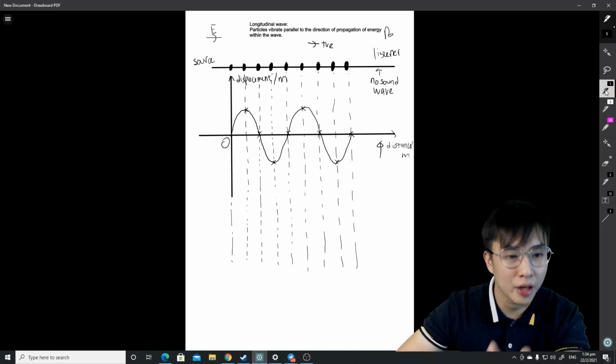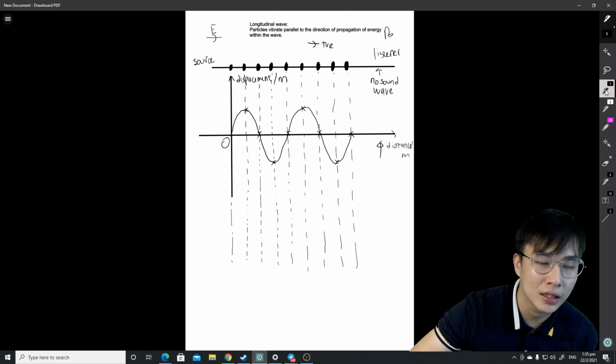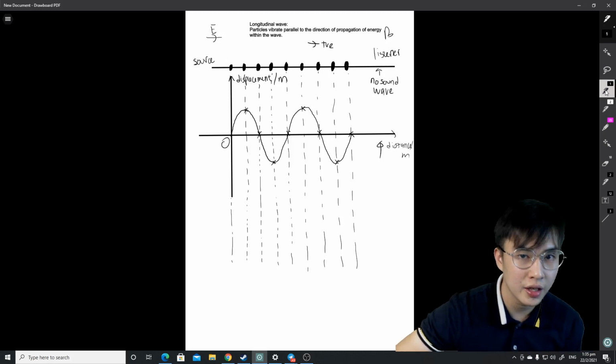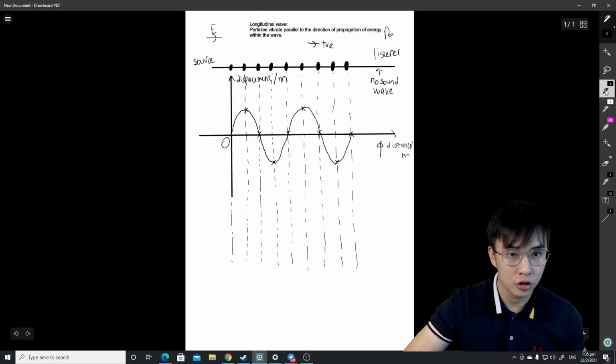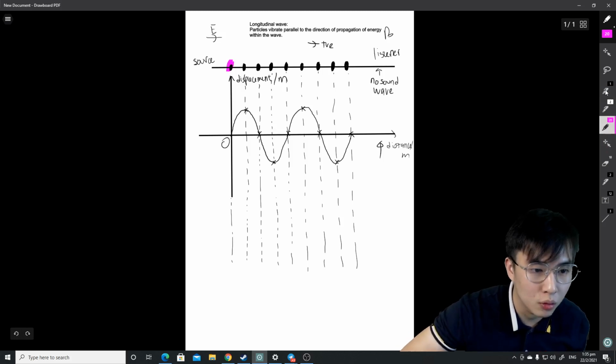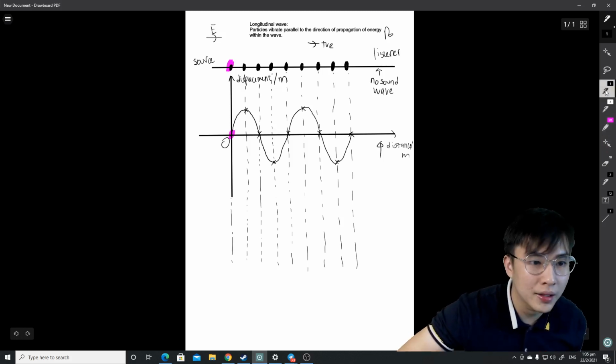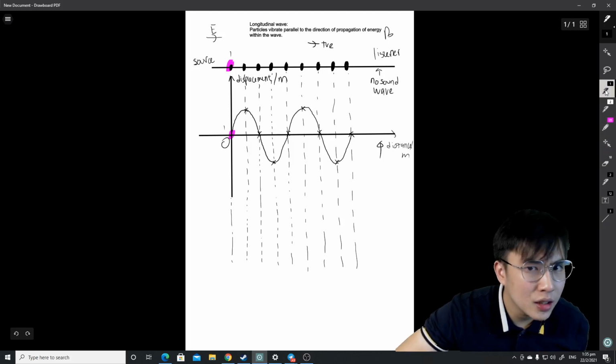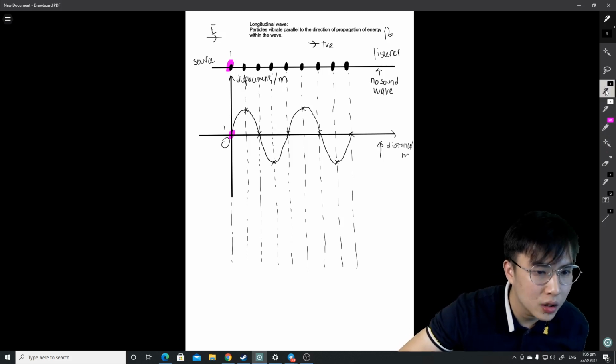And so now our job is to draw out these sound particles when the wave passes through. I want you all to see, we track our first particle, particle number 1. At particle 1, when the sound wave passes by, what is the displacement?